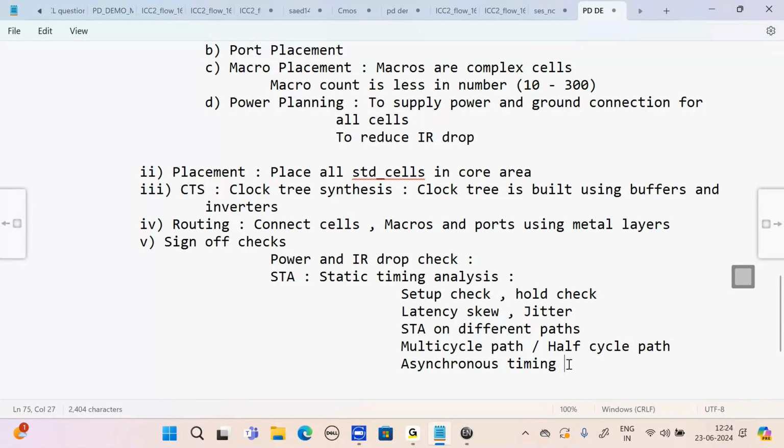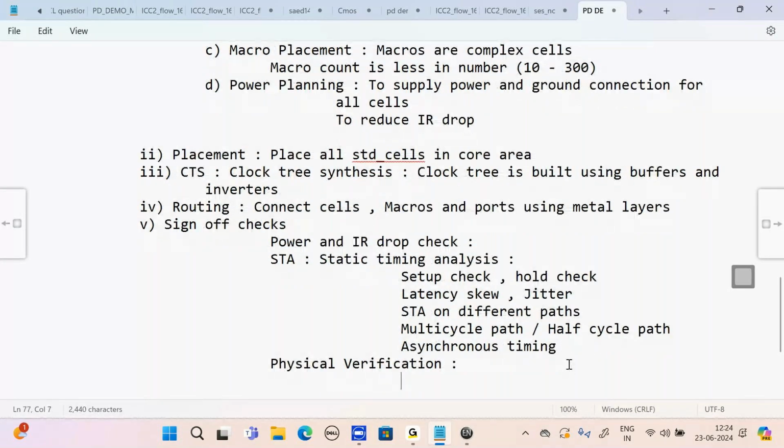So next, last, one more check is physical verification. Physical verification again deals with the DRC, whether we are meeting the foundry rules. I told you foundry is giving the rules, right? Whether we are meeting those rules or not. So next we'll check LVS, layout versus schematic.